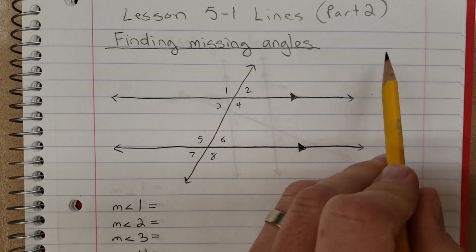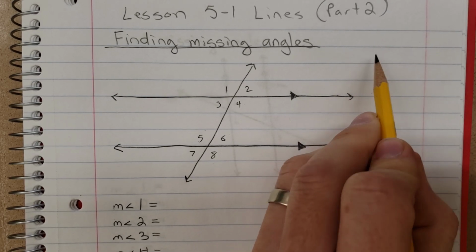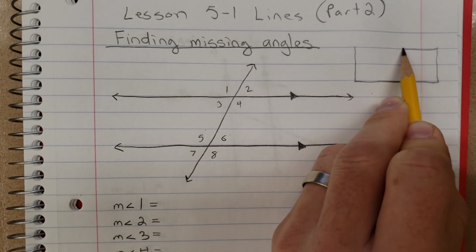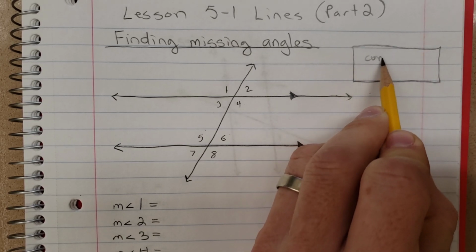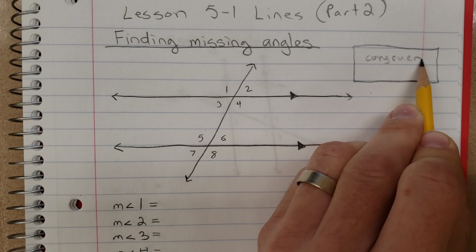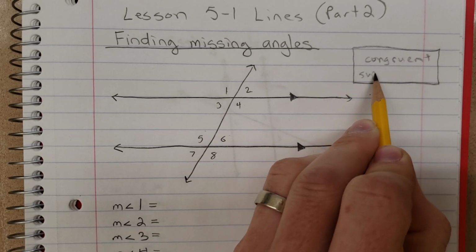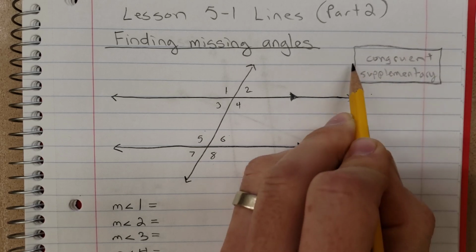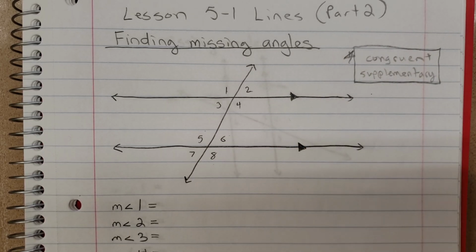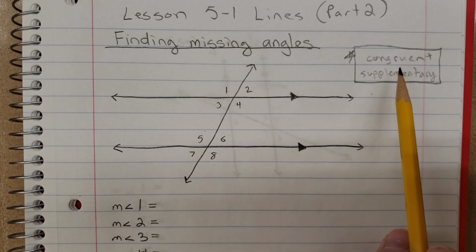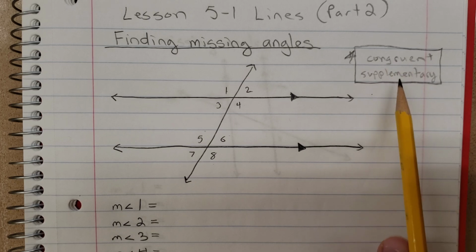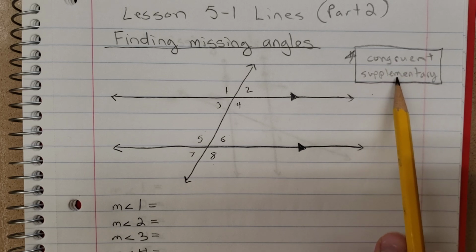So our 2 lines of reasoning today: either you're going to say the 2 are congruent, or the 2 are supplementary. So that simplifies it. Now we have some other phrases that'll help us determine if 2 things are congruent, and some phrases that'll help us determine if they're supplementary.